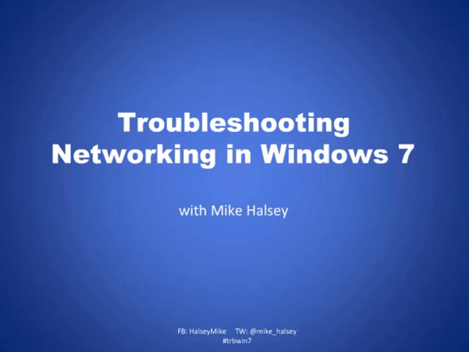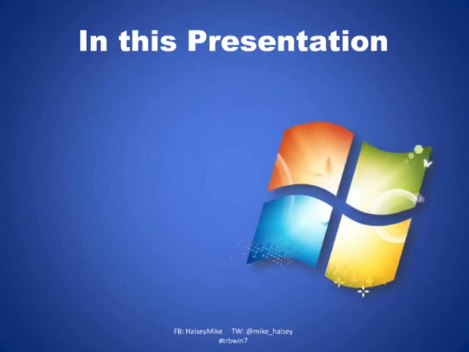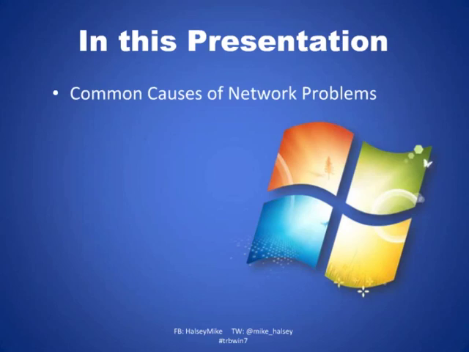Let's just have a look at what we're going to go through in this presentation. I've split it into 5 different parts. I'm going to begin by looking at the common causes of networking problems and what is most likely to cause network problems in your home or in your workplace.